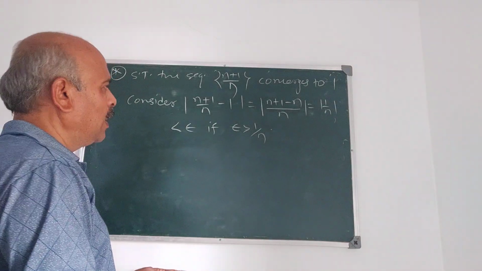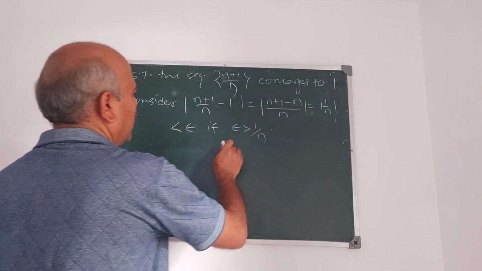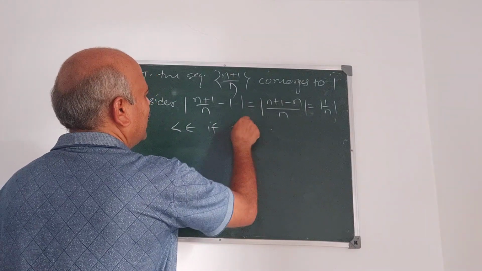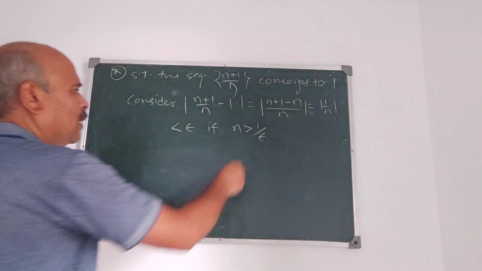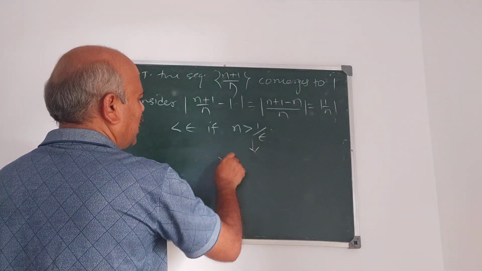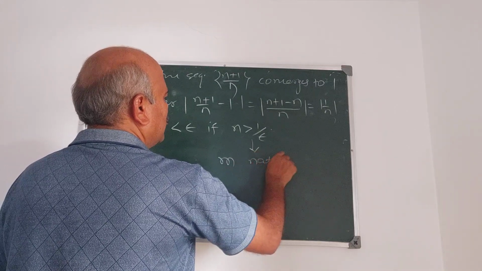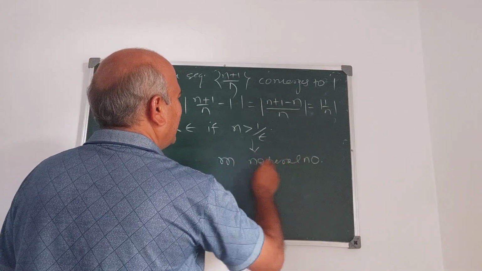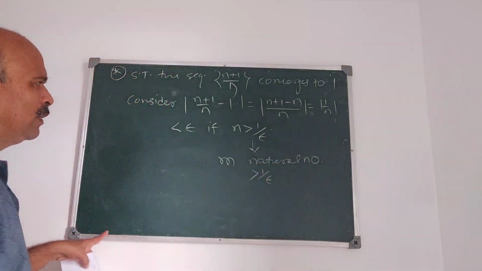It is less than epsilon if n is greater than 1 upon epsilon, correct? Now here we choose m such that it is a natural number immediately greater than 1 upon epsilon. Then what happens?